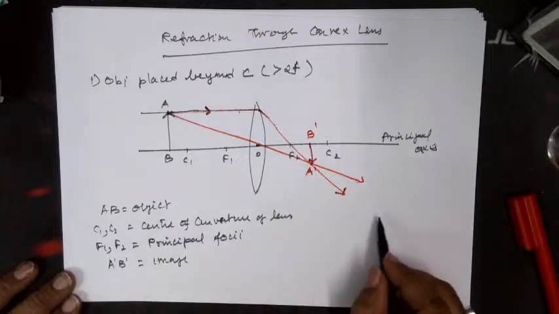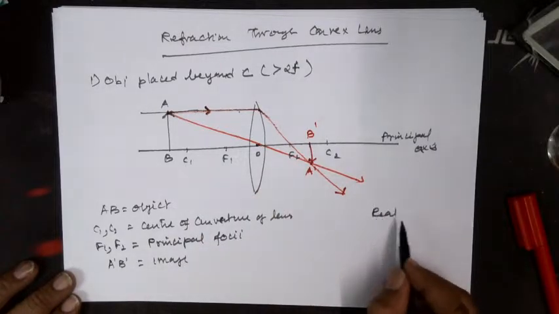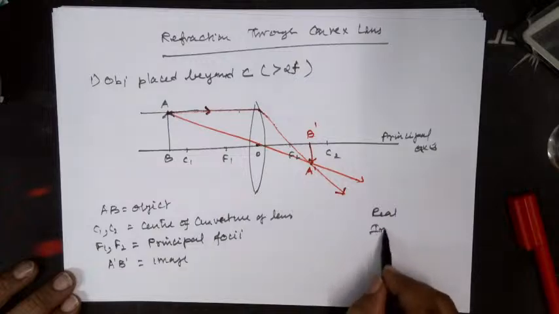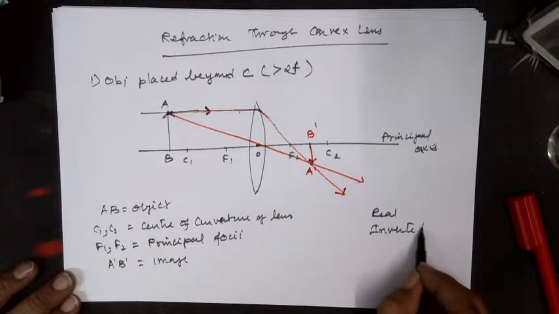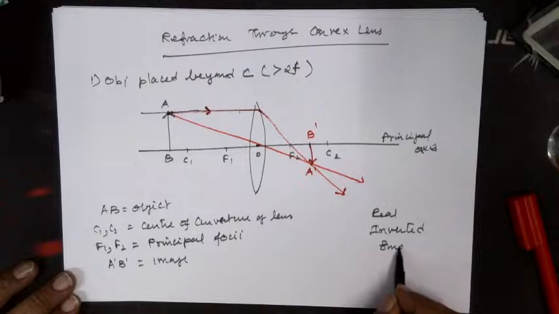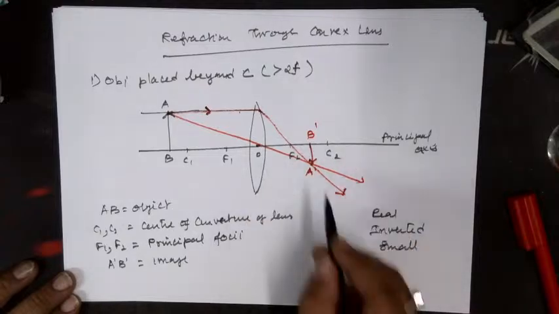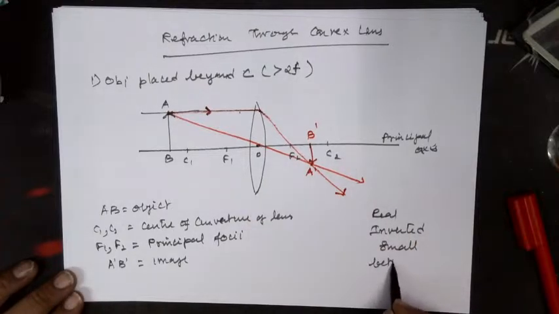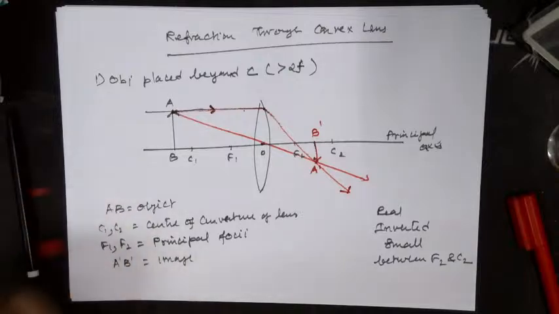Small. Actually this is a real image. Inverted, small, and it is in between F2 and C2. That is the principal focus and the center of curvature on the next side of the lens.